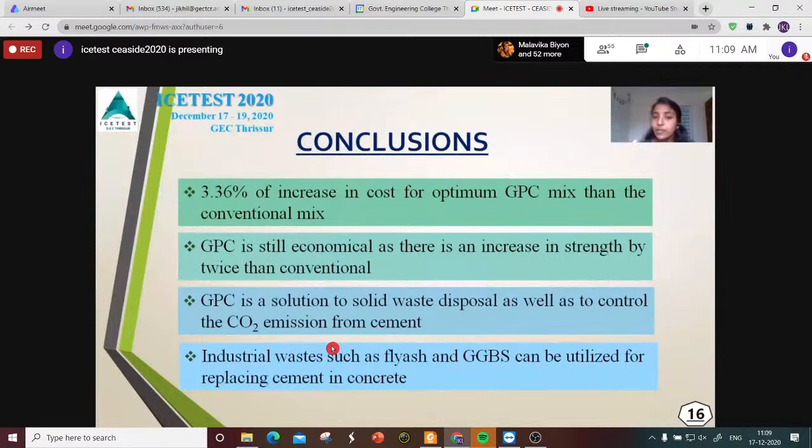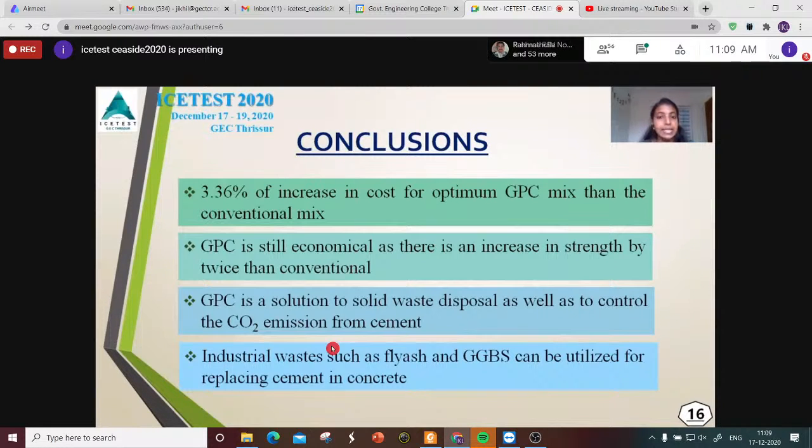But looking at the strength parameters of the GPC, we can say that the strength is twice that of the conventional concrete. And looking towards the other benefits of GPC, it works as a solution to solid waste disposal, as well as it can control the carbon dioxide emission from cement. Therefore, we can say that GPC is still economical compared to the conventional mix.